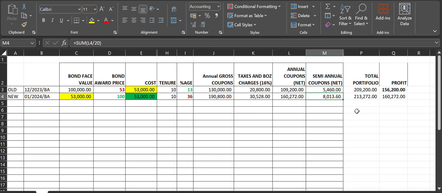Overall, I am thinking that the new method of issuing bonds, especially that it is expected that it will give us higher coupons for the same cost, is the better option of the two.